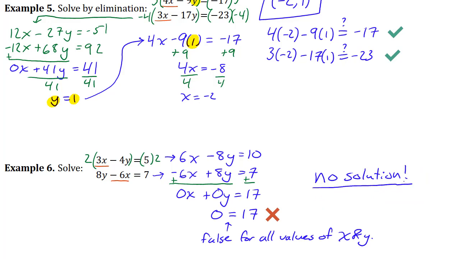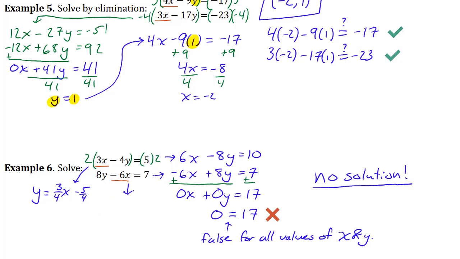And what that looks like graphically is if you were going to solve each of these for y in terms of x. I think I can do this in my head here. The first equation is going to turn into y equals 3/4 x minus 5 over 4.